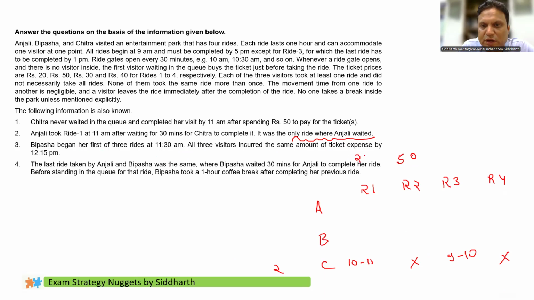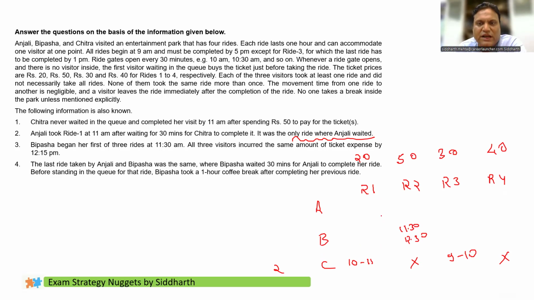So these are the prices: 20, 50, 30, and 40. Bipasha has to spend 50 rupees before 12:15 because Chitra has spent that. So she has to take this ride only. She takes it at 11:30 and finishes it at 12:30. So 11:30 to 12:30 for Bipasha.